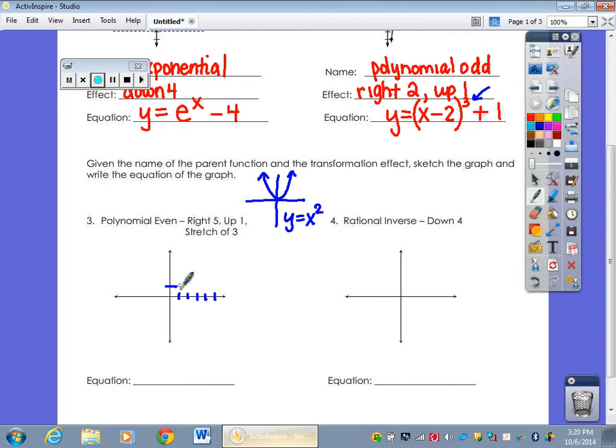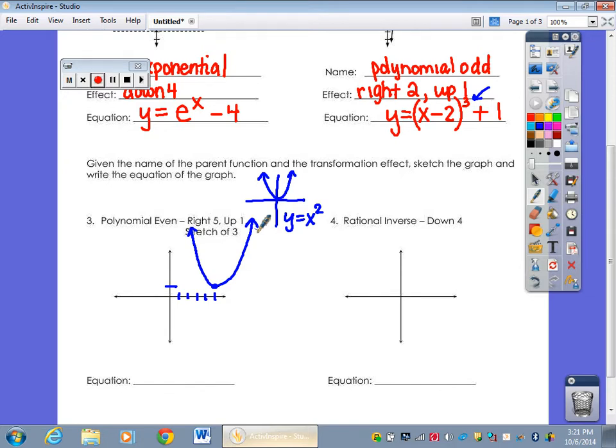So we're going to assume it's a horizontal stretch. If they do not tell you what kind of stretch, then we assume it's horizontal. Which means if it's a horizontal stretch of 3, that means that it has moved here, and it has gotten wider. Okay? Don't worry about figuring out if that should be really wide, just a little bit wider. All you have to do is show us that it's wider than the mom.